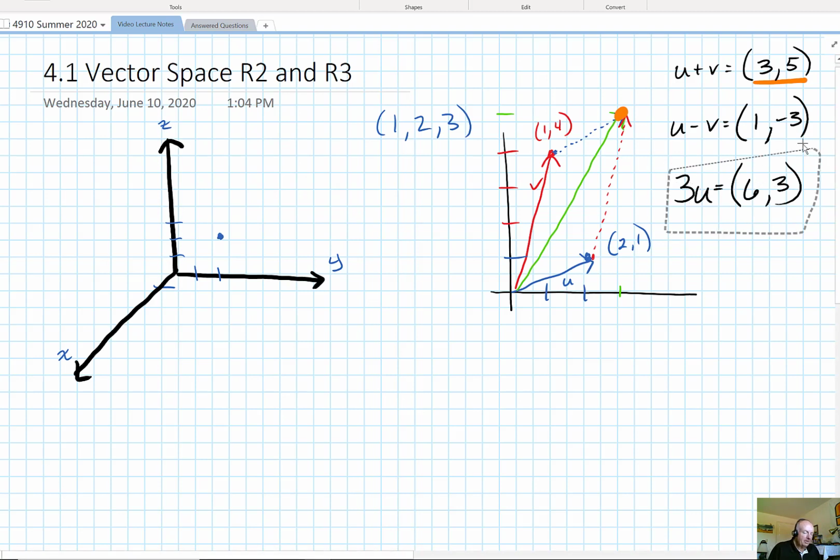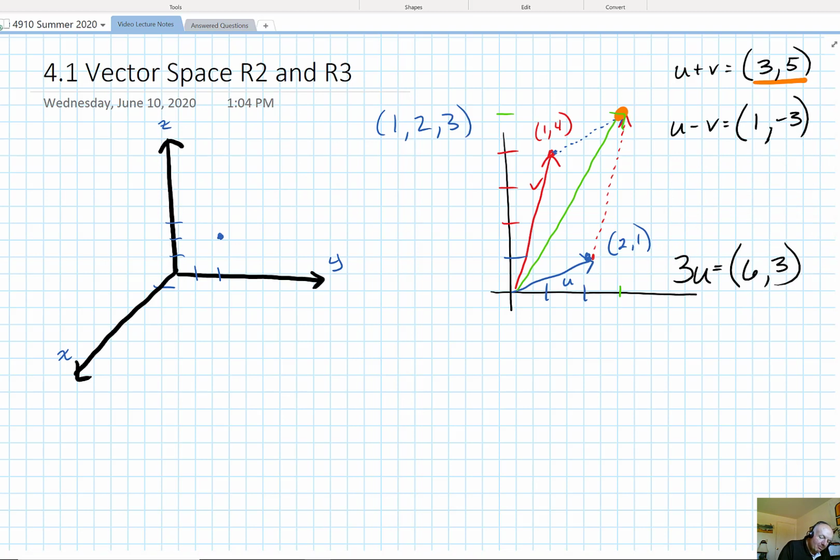And so what you get when you do scalar multiplication, graphically speaking, is the u vector, in the same direction, but stretched 3 times longer. So there's one of them, there's about 2 of them, and there's about 3 of them. So this would be the vector 3u.